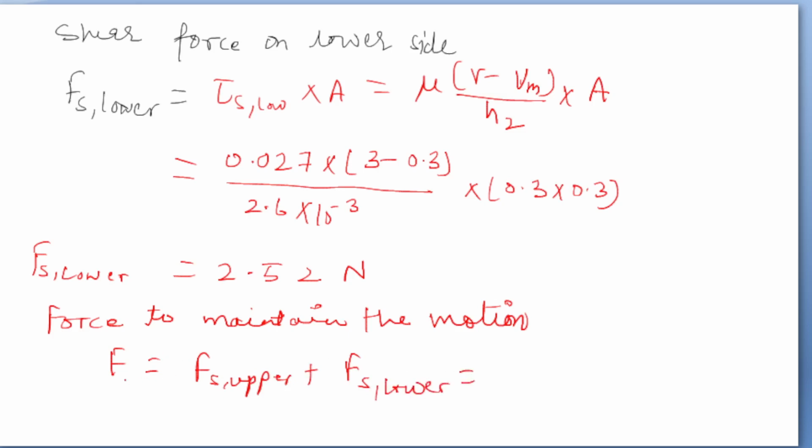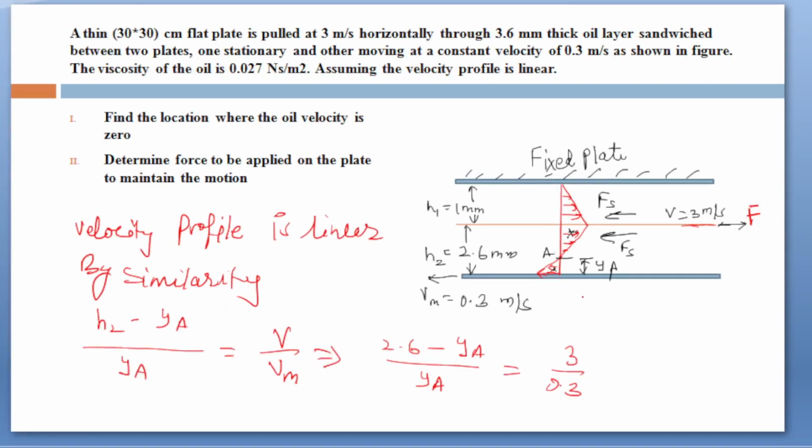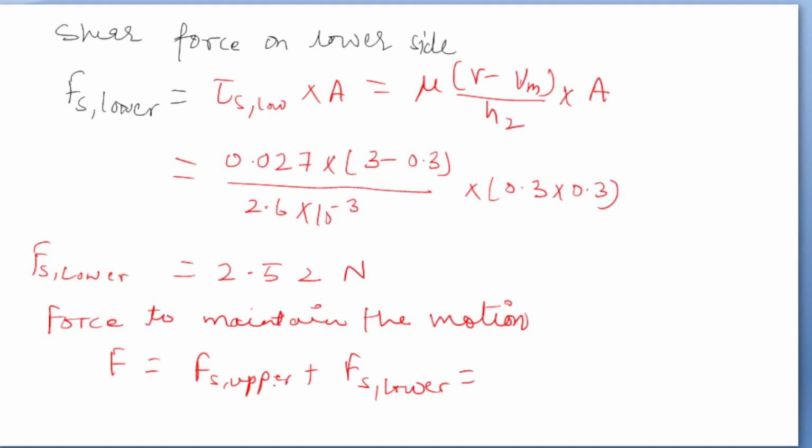This is the force needed to maintain the motion. These shear forces act in the same direction opposing the motion, so F is equal to Fs upper plus Fs lower, which is 7.29 plus 2.52, so this is 9.81 Newton. This is the force needed to maintain the motion of the plate. Thank you.